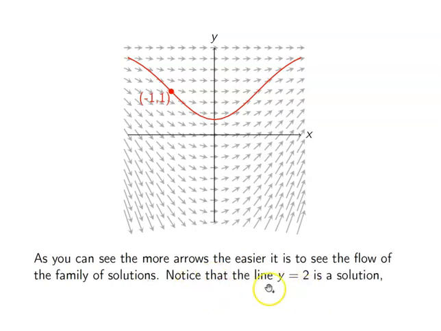Again, here it's saying notice that y equals 2. That's right on top, right? If this is 1, double that. That's this line right here, where all of the tangent lines are straight, right? All the derivatives are 0. That's why all the arrows are horizontal. It's called an equilibrium solution, right? All of my functions are going to eventually come up to 2 as time goes on.